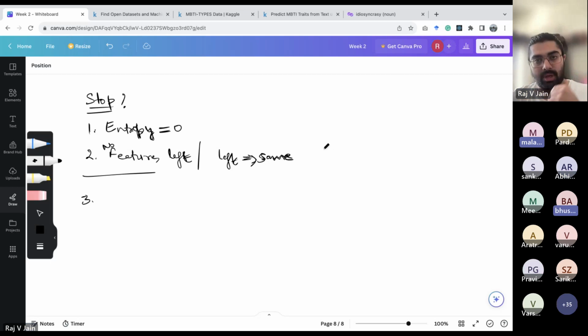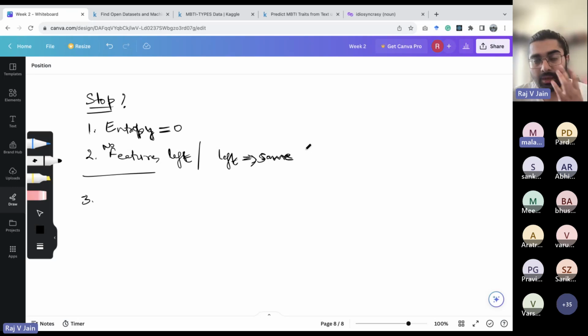It's pre-pruning, because when the information gain is not above a threshold, we stop dividing.